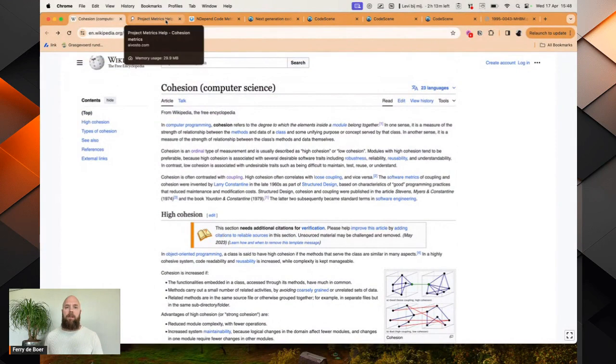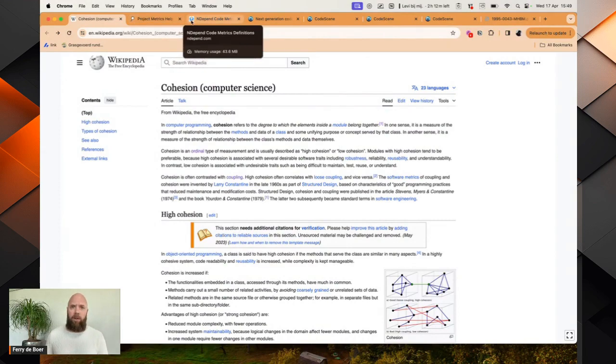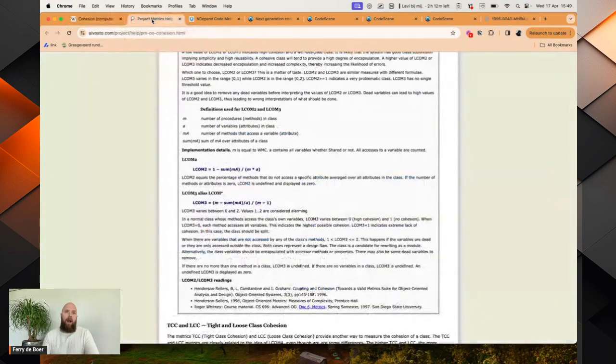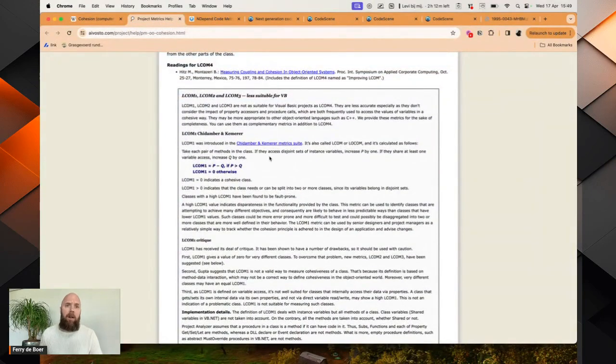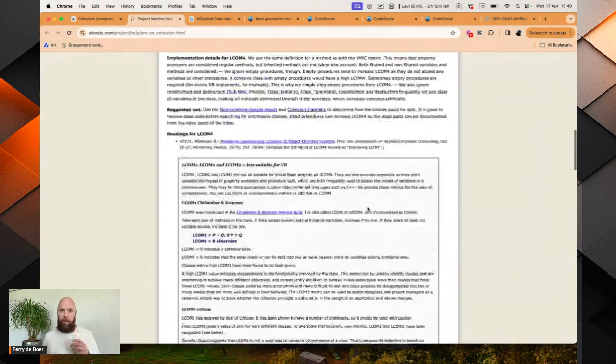Now, there's four, like the main metric, of which you have four totally different definitions. It's lack of cohesion of methods. That's what it's called. It's also called LCOM. Now, I've looked up, I found a good article, this Wikipedia article that explains all three of them.